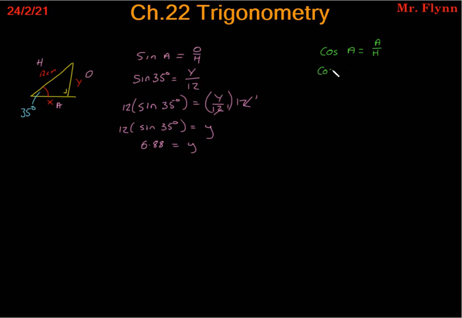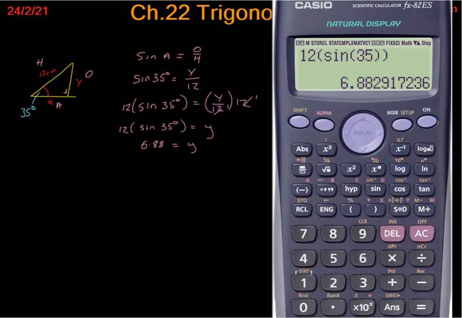So cos of 35 degrees is equal to A, which we don't know, which we're trying to find, x, all over h, which is our hypotenuse, which is 12. Multiply both sides by 12. Is equal to x. So I'm skipping now from here down to here. You can see what I've done here. And take out our calculator again.